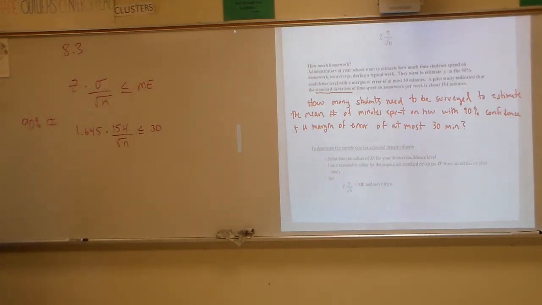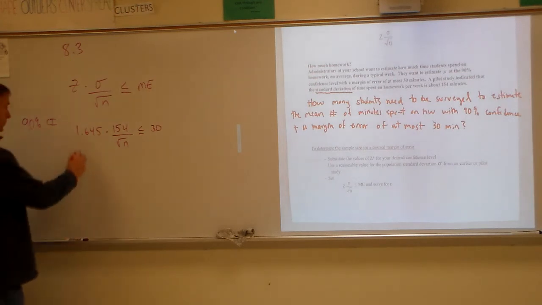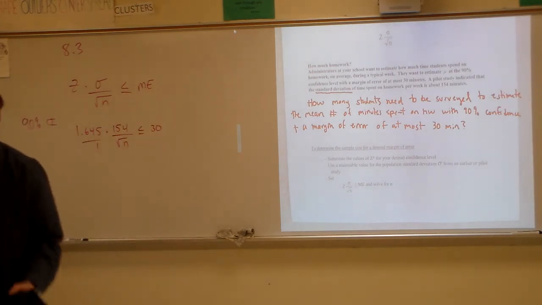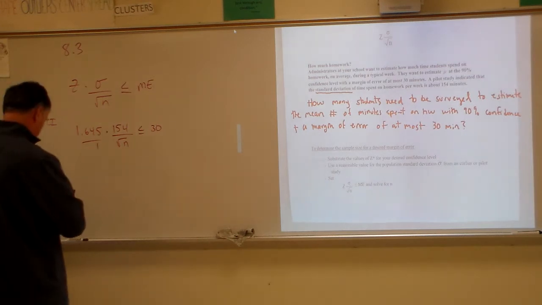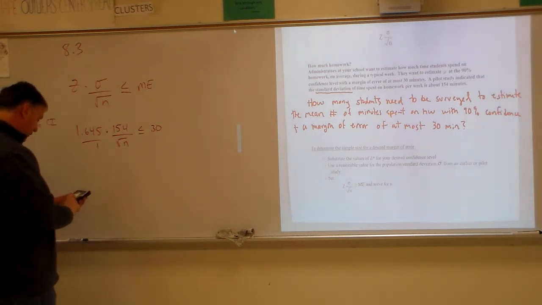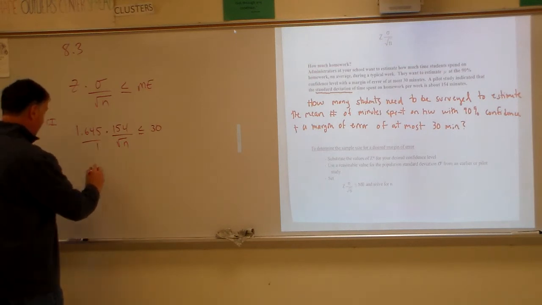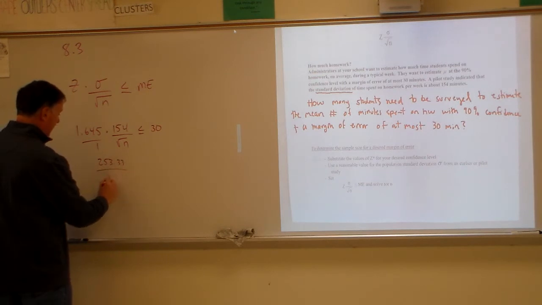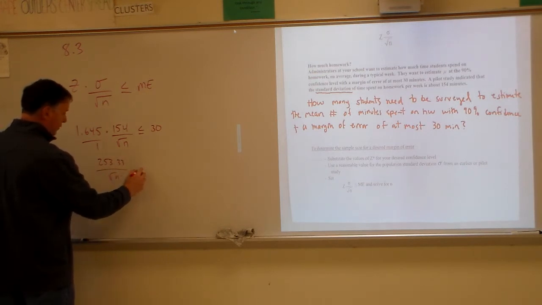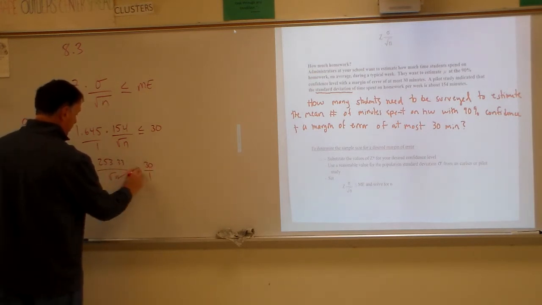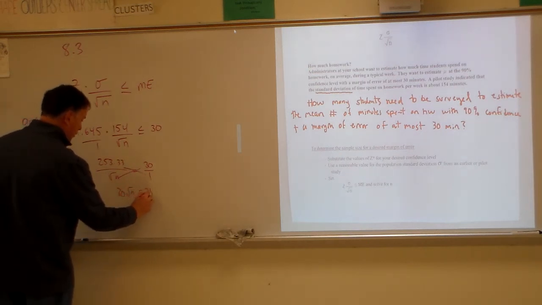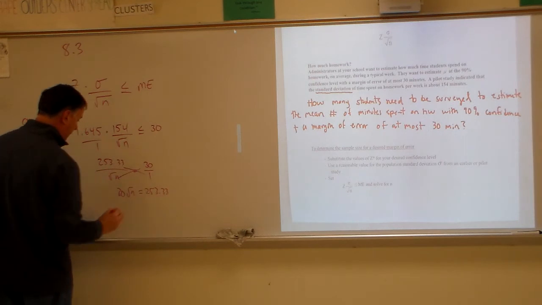Okay? This is what we got. Do the math. Let's do the math together. Right? So we've got this 1.645 times 154. I get 253.33 divided by the square root of n. I'm just going to say equals for now. 30. We cross multiply. 30 root n equals 253.33.